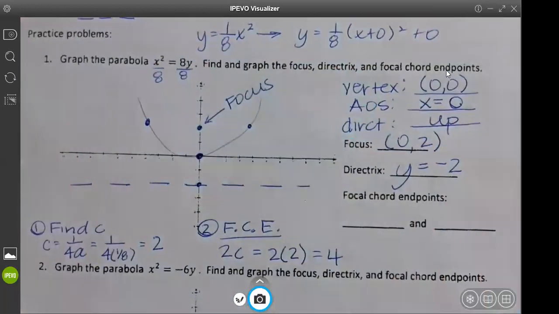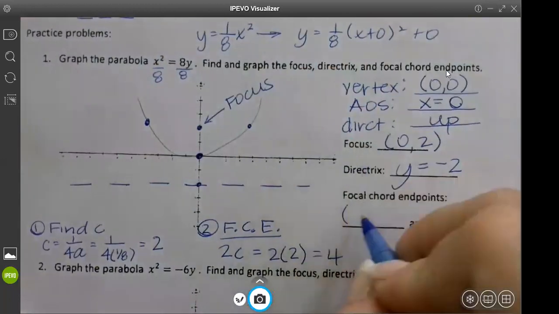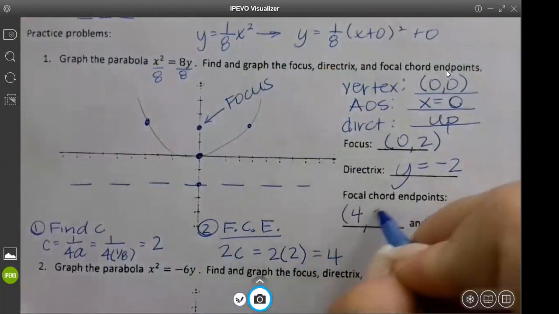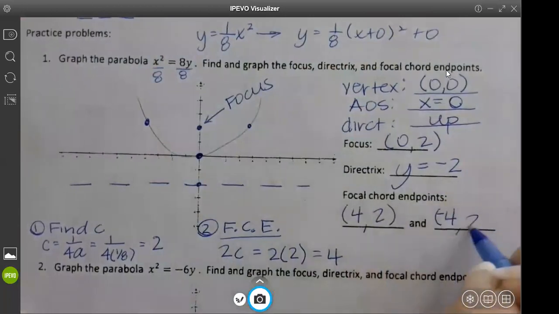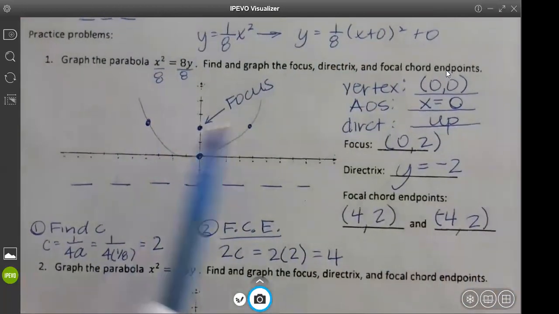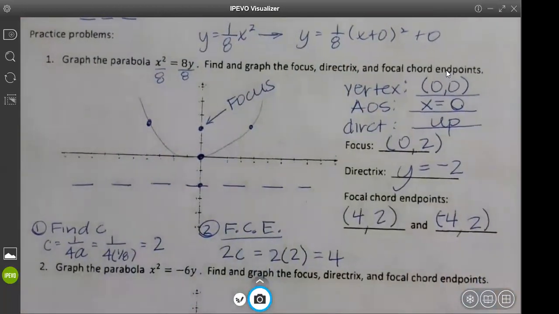So I almost made that thing perfect. So we went 4 to the right and up 2, 4 to the left and up 2. So those 2 coordinates on there. And that's it. That is it.